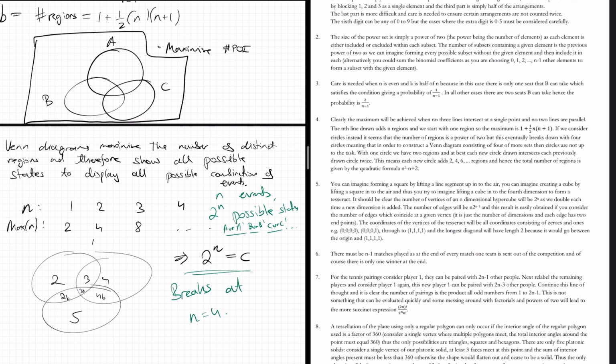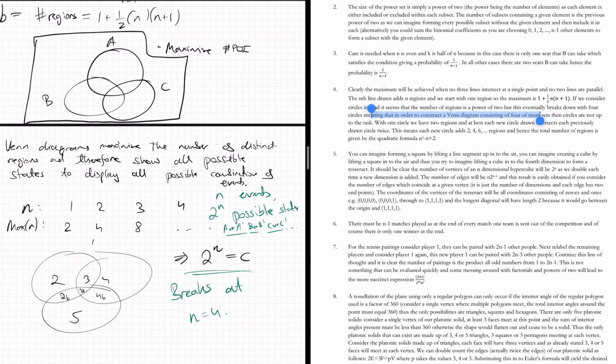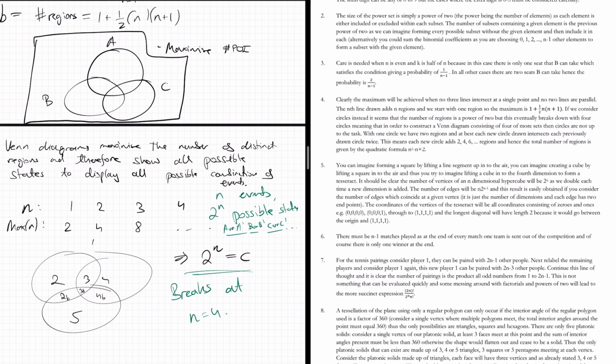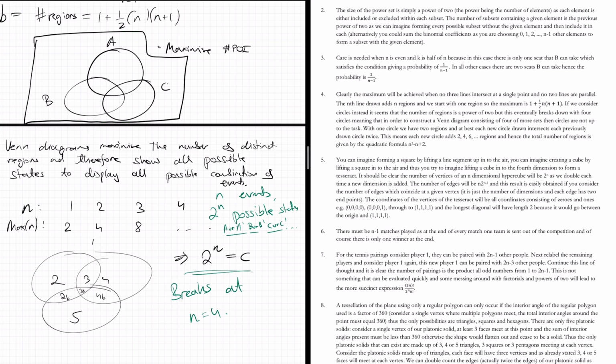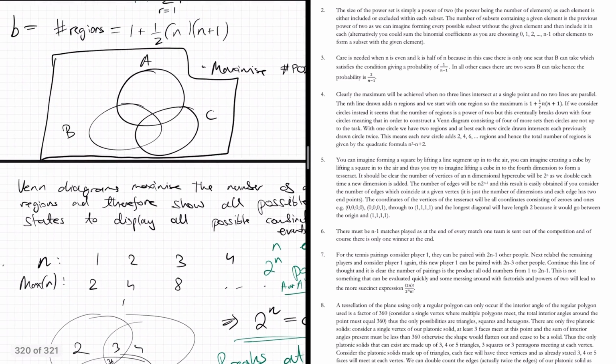With one circle, we have 2 regions, and at best, each new circle intersects each previously drawn circle twice. Okay, so with lines, we can only intersect the region once. A circle can intersect another circle at most twice.